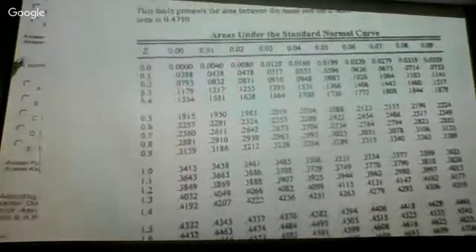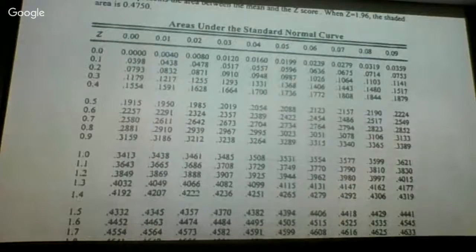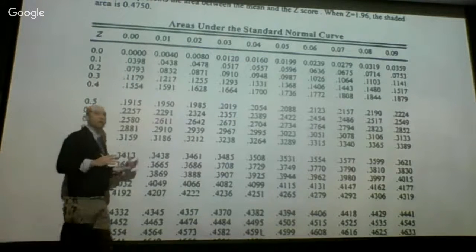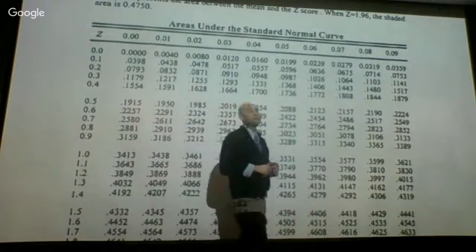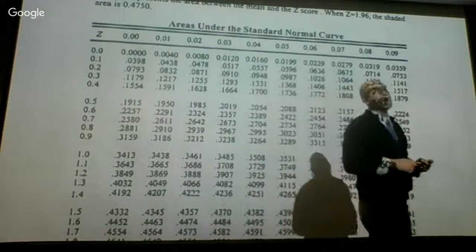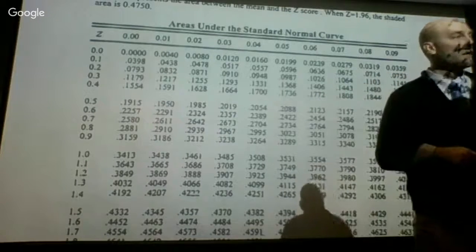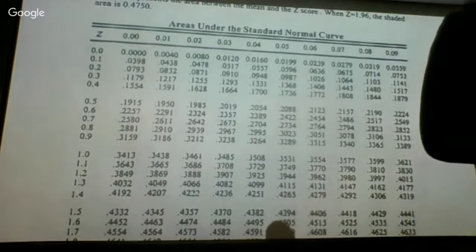And I come to this table, I need to find the area of 0.3000. Areas live in the middle of the table. I can't find 0.3000. I give up, I quit, math is hard, etc.